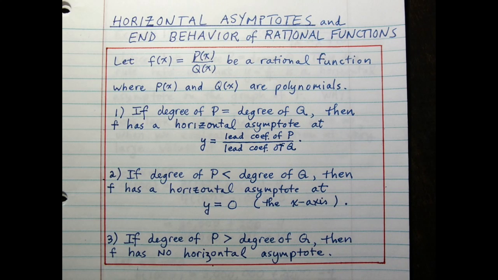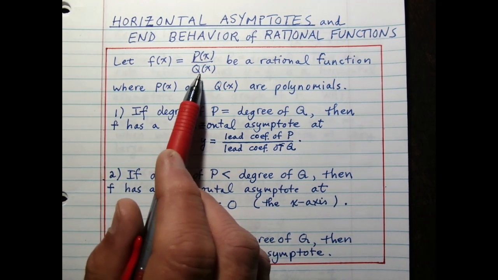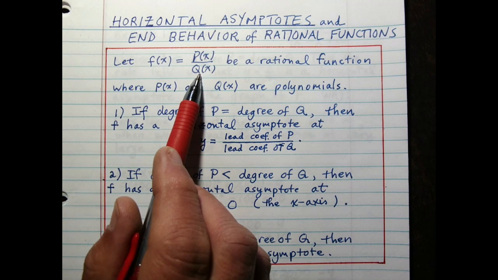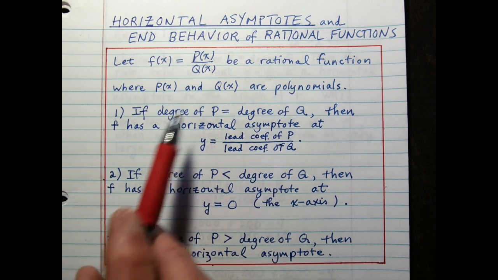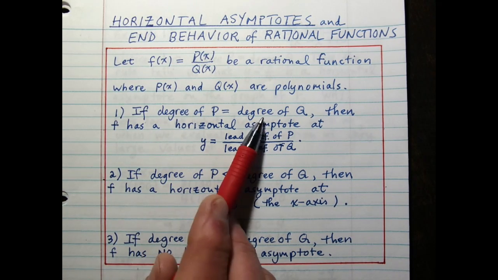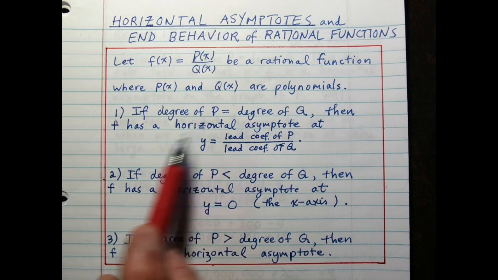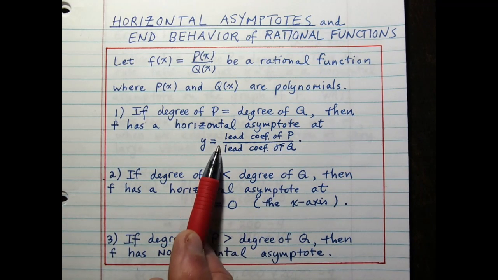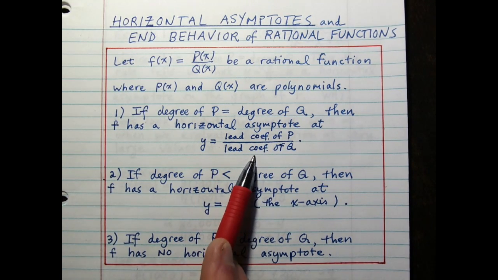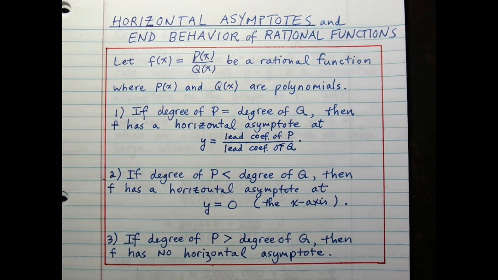So here we go. Let f of x equal p of x over q of x be a rational function where p and q are polynomials. Number one, if the degree of p equals the degree of q, then f has a horizontal asymptote at y equals the lead coefficient of p over the lead coefficient of q.